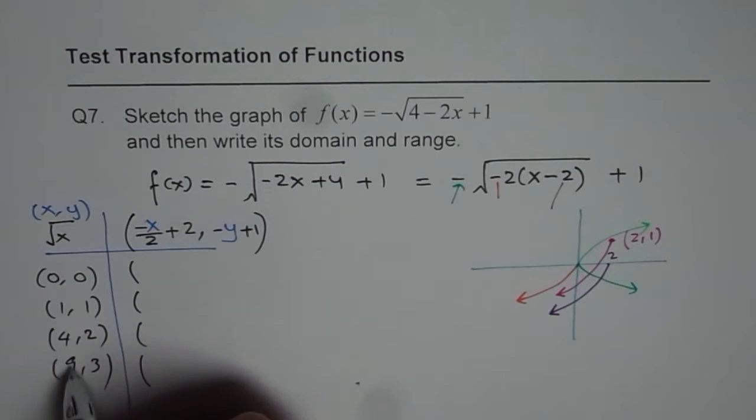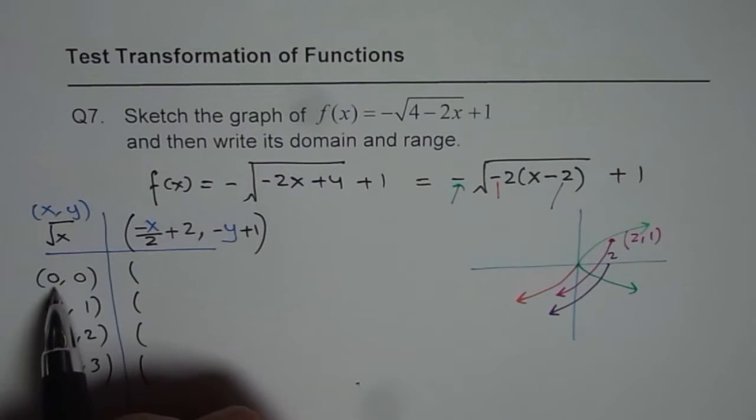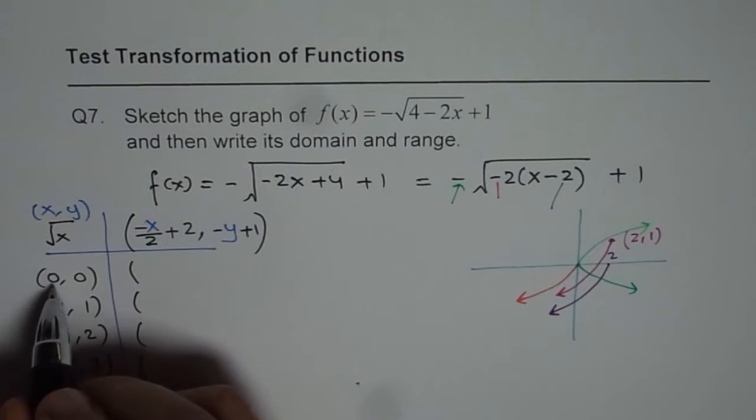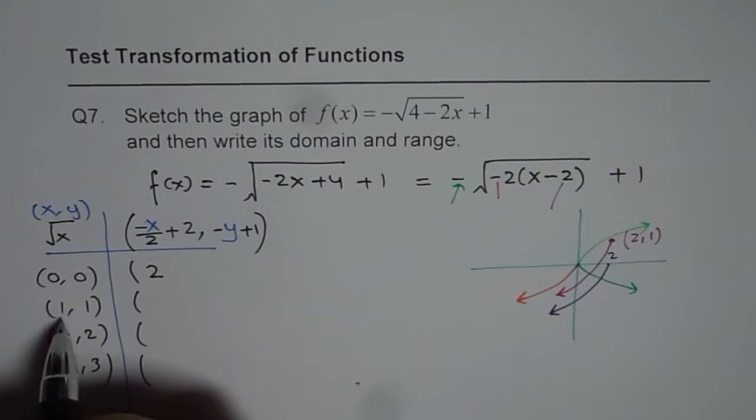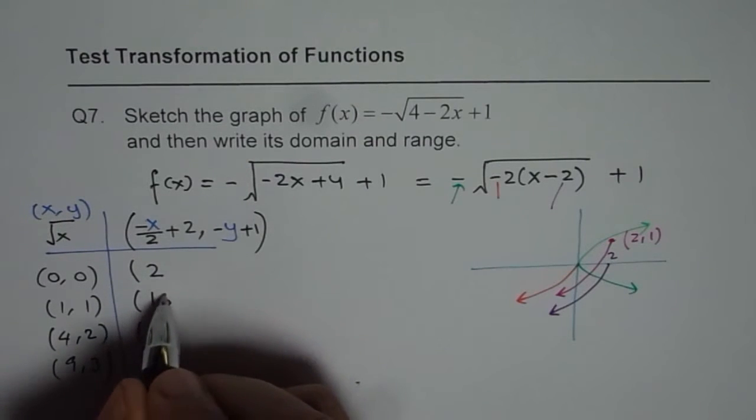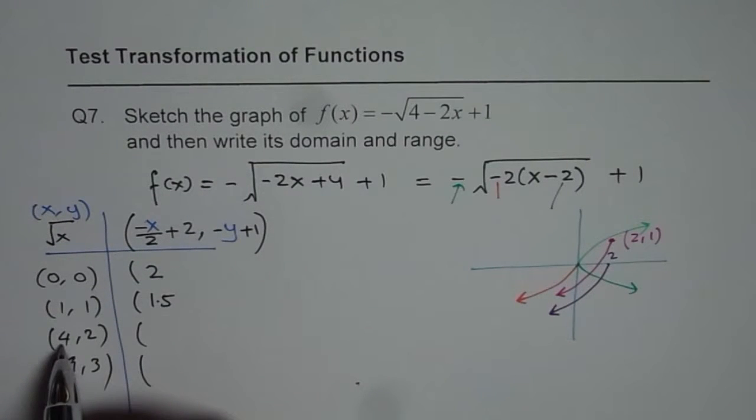So let's work with the x points first. We have to do negative half and then add 2. Negative half of 0 is 0, plus 2 is 2. Negative half of 1 is negative 0.5, plus 2, so it is 1.5. Negative half of 4 is negative 2, plus 2 is 0.